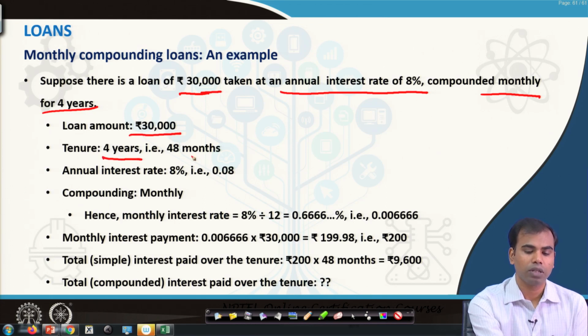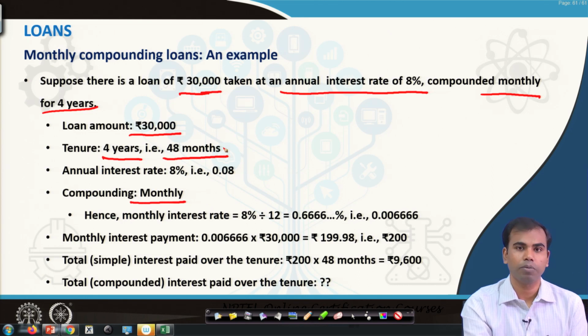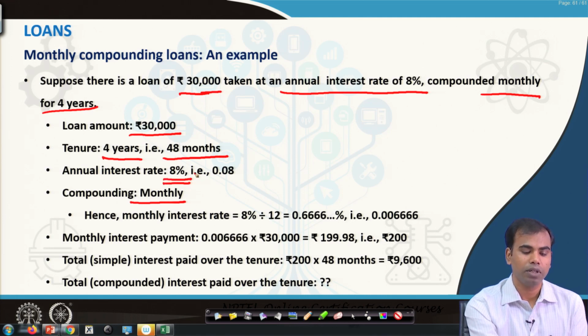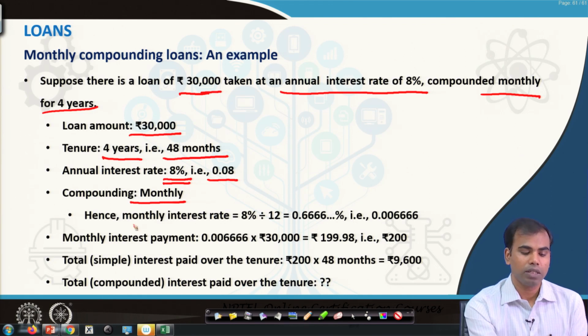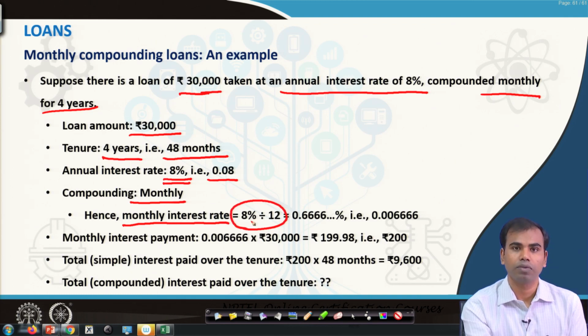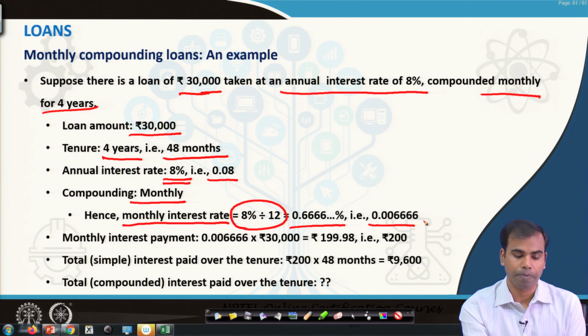Tenure is 4 years, and since it is compounding monthly, the number of months that will be compounded in this scenario is 48 months. Annual interest rate is 8%, which is basically 0.08. Since it is monthly compounding, we divide by 12, and the rate of interest that we are being charged for this loan is 0.006666.